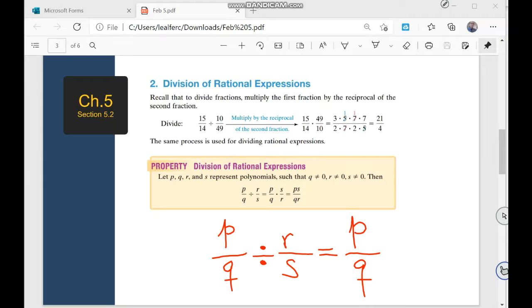Now instead of division, you're going to switch to multiplication. And you will reverse this next rational expression here. What's the denominator becomes the numerator, and the numerator becomes the denominator. And that's it.